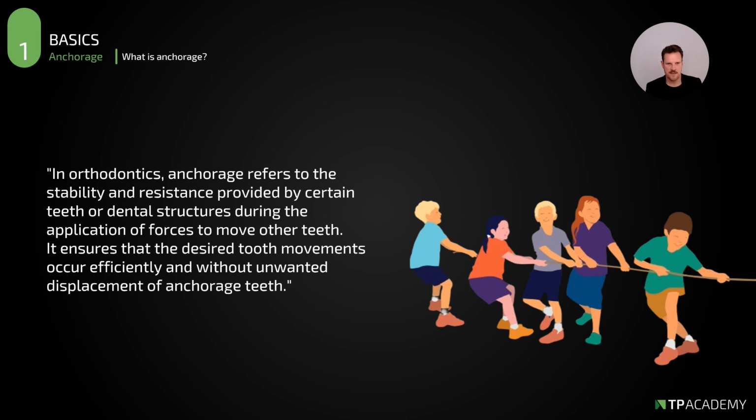It ensures that the desired tooth movements occur efficiently and without unwanted displacement of anchorage teeth. And that's the biggest problem with aligner orthodontics. But there are a lot of tricks, and I will explain all these tricks in detail.